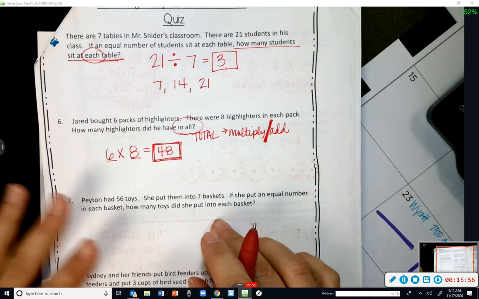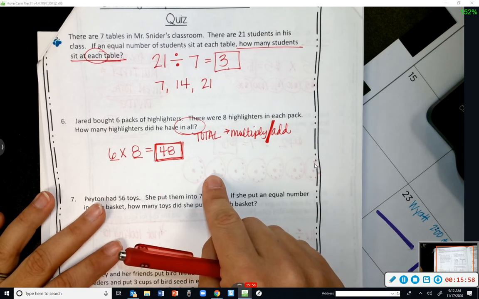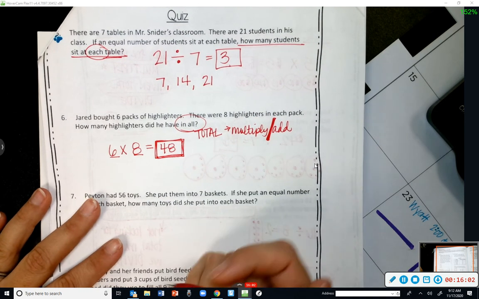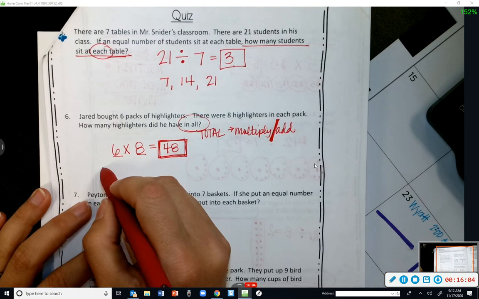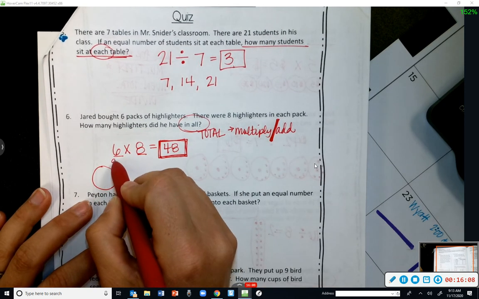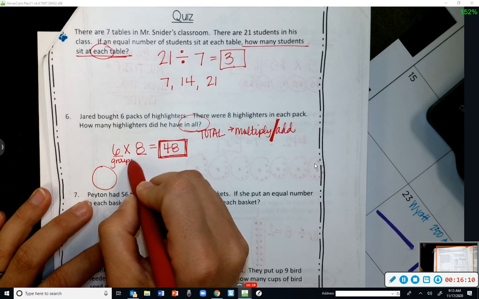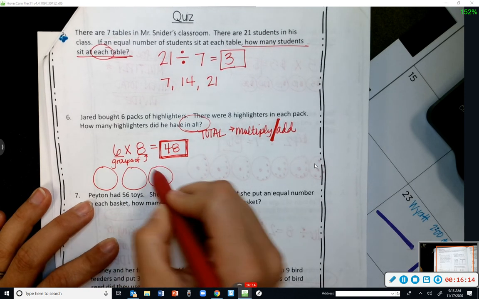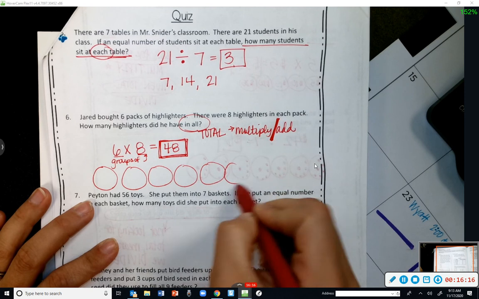Okay? But if you had done this in equal groups, how many groups should I make? 6 groups of 8. 4, 5, 6.